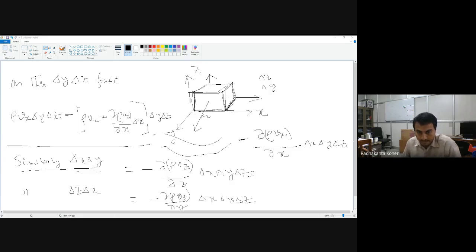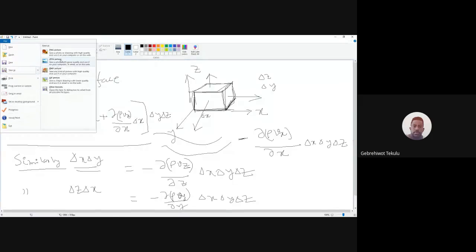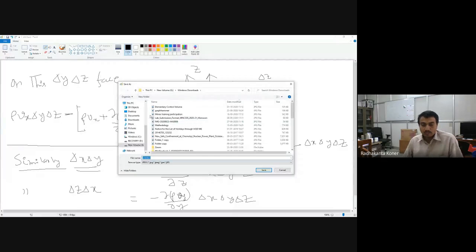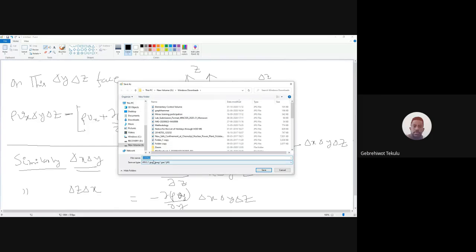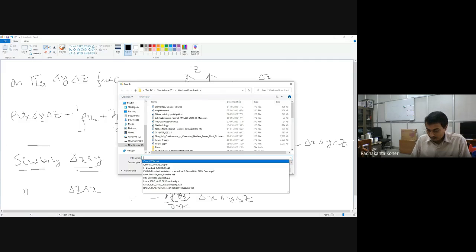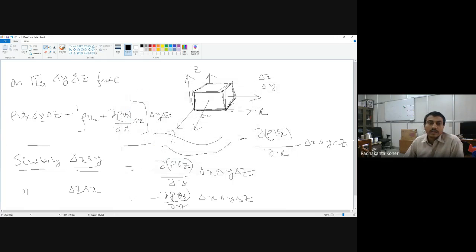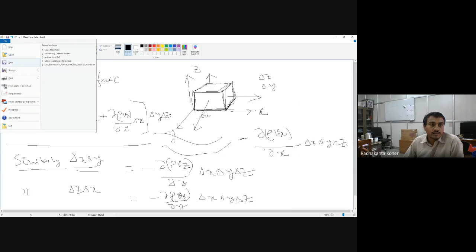Okay. So now, the inward flow should be a mass flow rate. This is there.